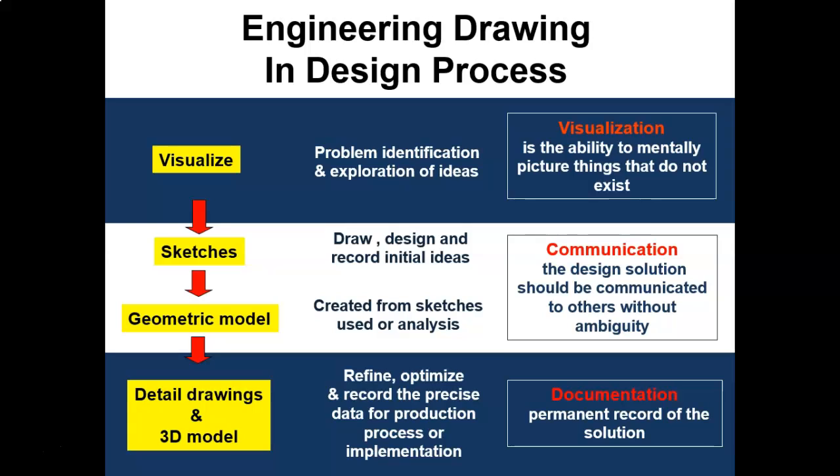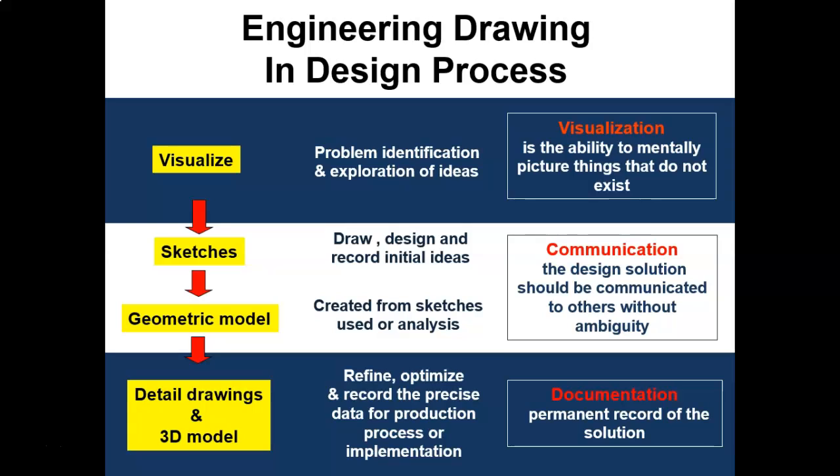So we use a visualization technique, which is the ability to mentally picture things that do not exist. Then after we have a clear visual of the problem with the product, the engineer will do some sketches, which is making a proper drawing, like design and also recording initial ideas.